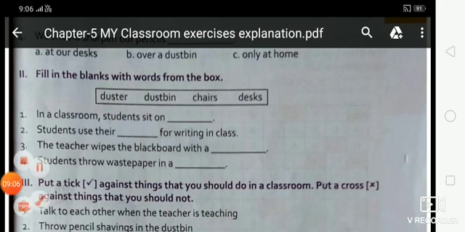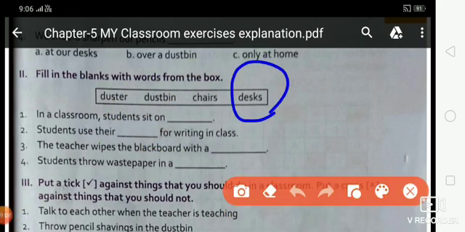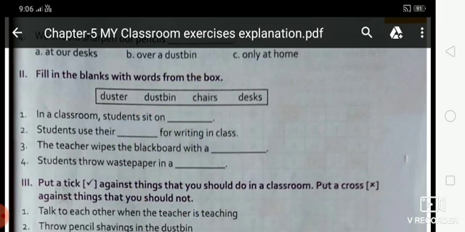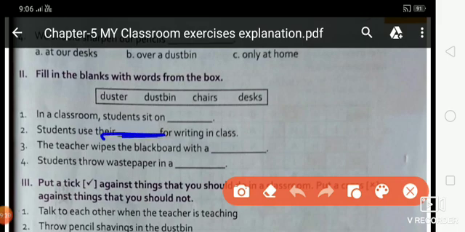You all know students use their desks for writing in classroom. Is that clear? So you have to write desk over here in this given blank. Now what is the spelling of desk? The spelling of desk is D-E-S-K, desk. So you have to write desk over here.